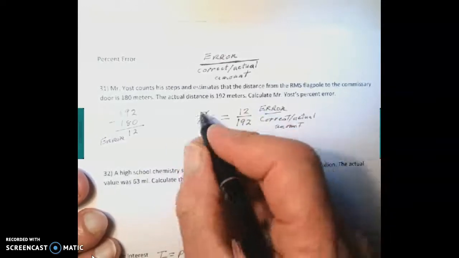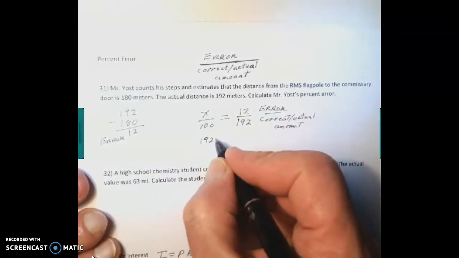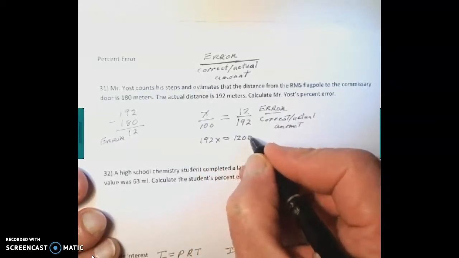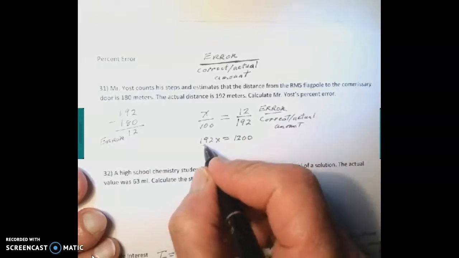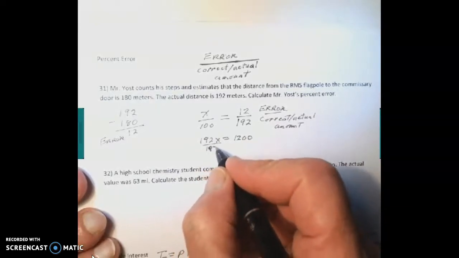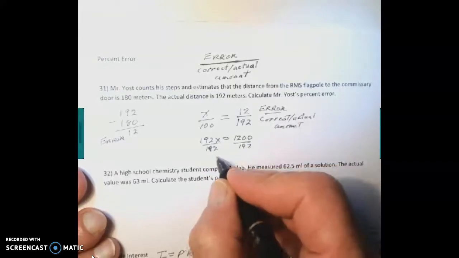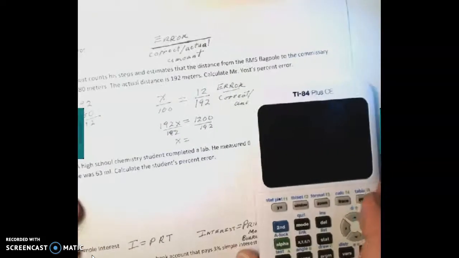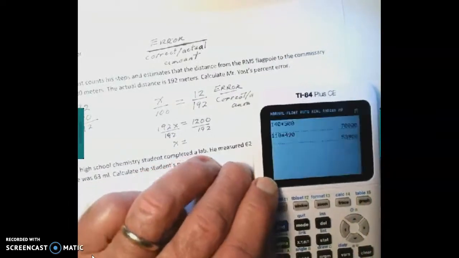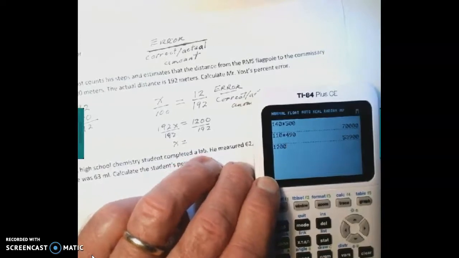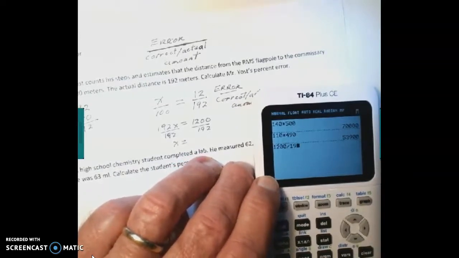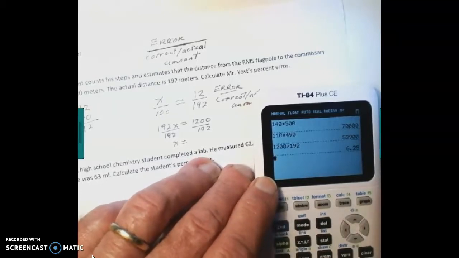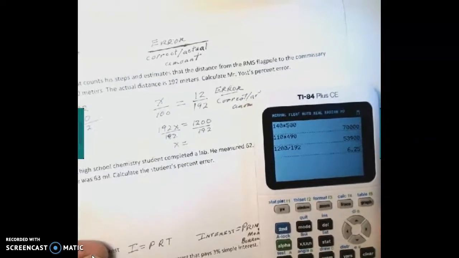Solve your proportion, cross multiply. 192x equals 1200. To solve this equation, divide by 192, divide this side by 192, and you come up with calculator time. 1200 divided by 192. And again, guys, when you're using your calculator, be careful that you are typing the numbers into it correctly.